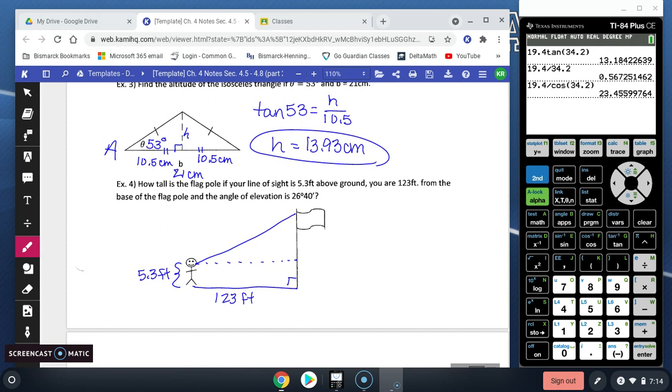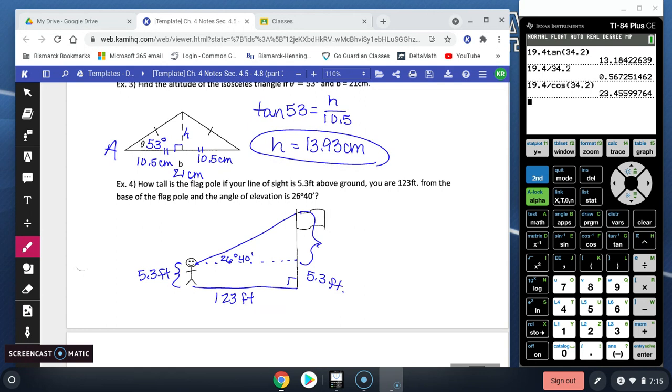So here's your angle of elevation. So this is 26 degrees 40 minutes. So what we're going to be finding here is this distance, and then we'll add 5.3 feet to that value to get the height of the flagpole.